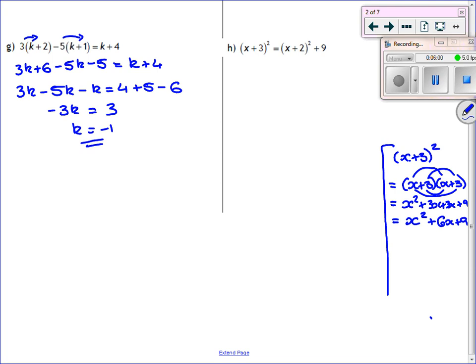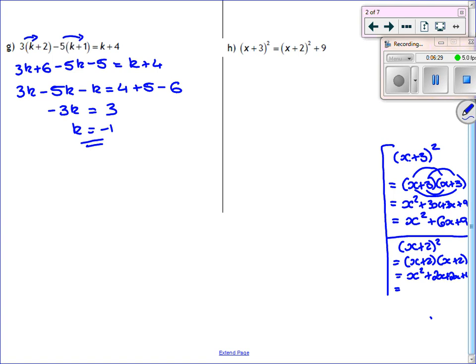And it's the exact same with the x plus 2 all squared. So if I was to expand x plus 2 all squared, that's the same as saying x plus 2 times x plus 2, and then we'll just FOIL that out. So that will give me x squared plus 2x plus 2x plus 4. Sorry for it cutting off a wee bit there.